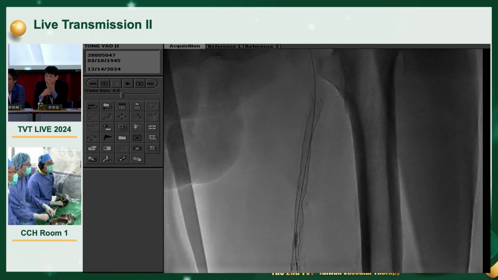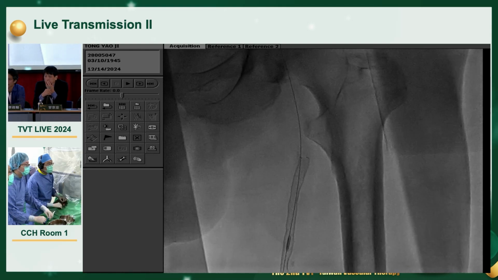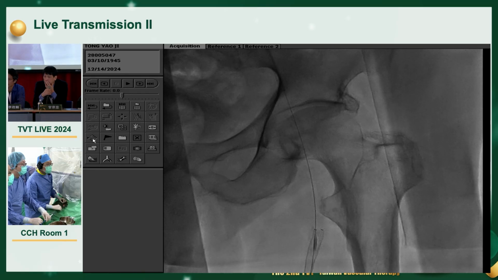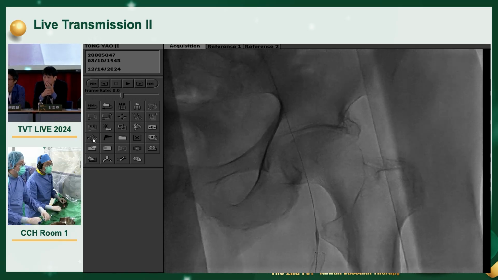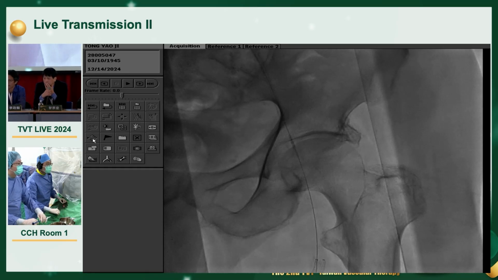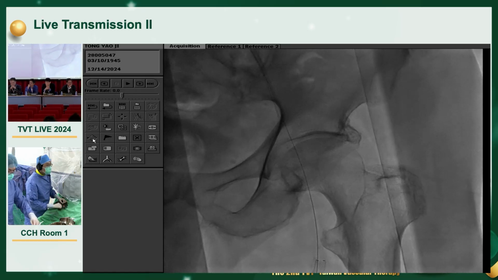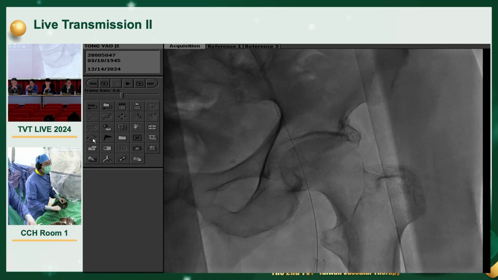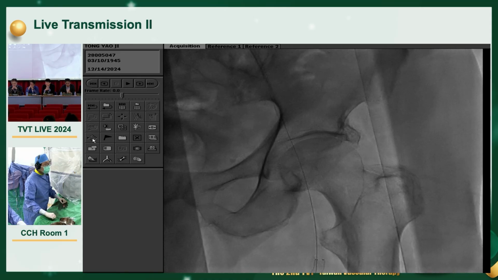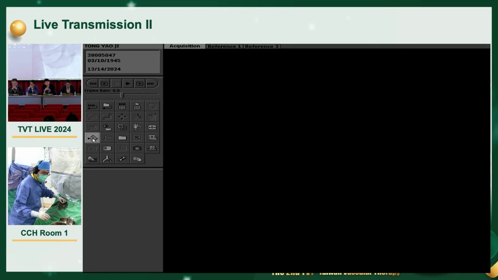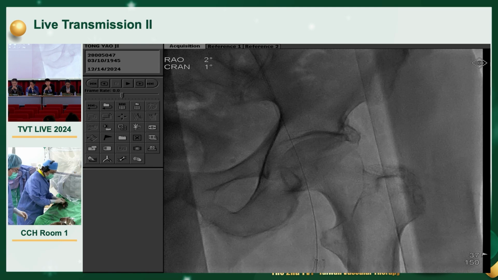Now we will use another one, maybe 6 by 120. Shorter. After stent deployment, we will balloon post-dilate again.